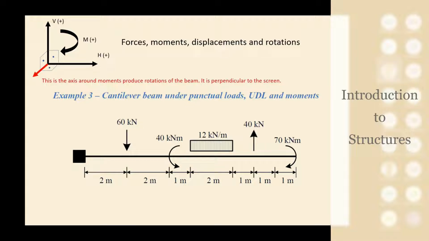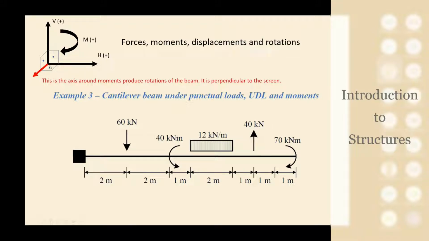I'm mixing here because forces will produce displacement. In terms of convention in this module, all the forces that go to the right are positive. The forces that go to the left will be negative, of course. All the forces that go up are positive, and the forces that go down will be negative.